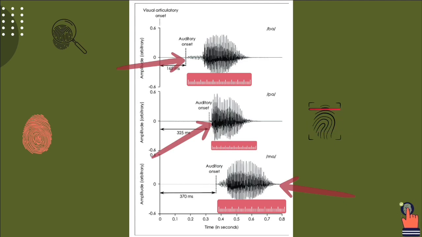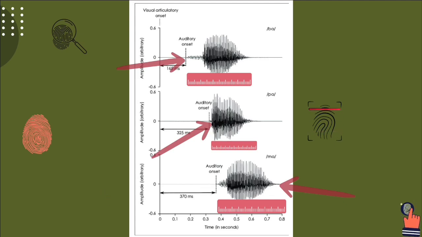Although m is voiced, meaning your vocal cords vibrate immediately, the waveform shows a slightly longer duration due to the nasal quality of the sound. This means that this sound is nasal. The delay is not because it doesn't start right away, because it does start right away, but because of how the sound is shaped and sustained.